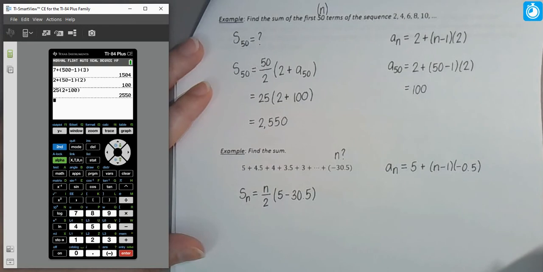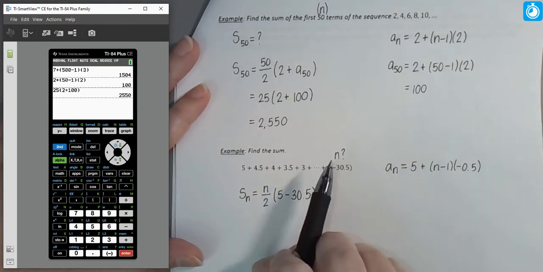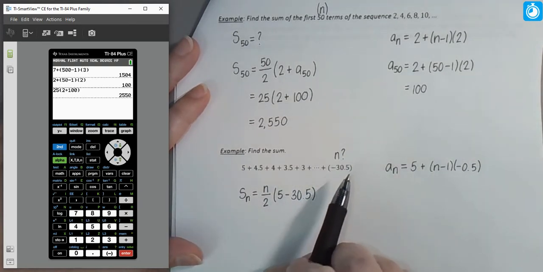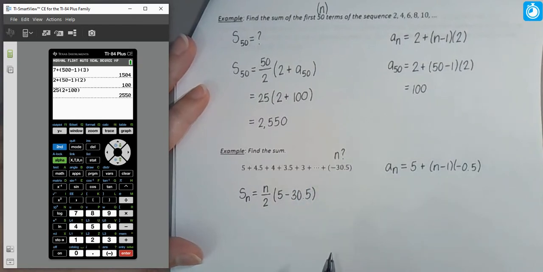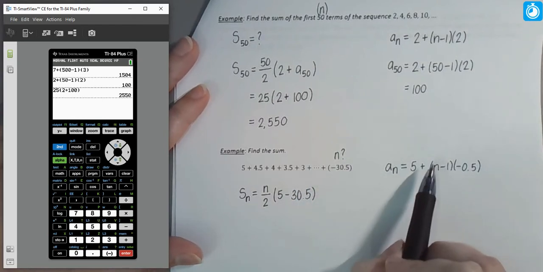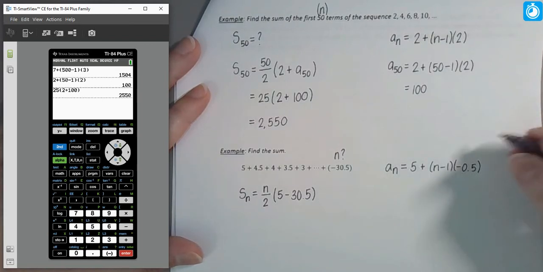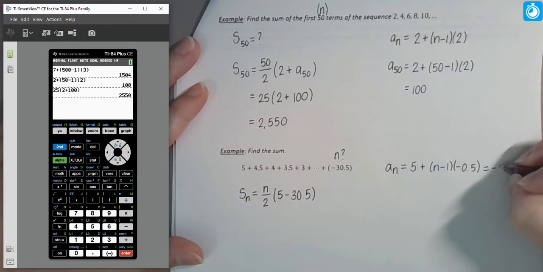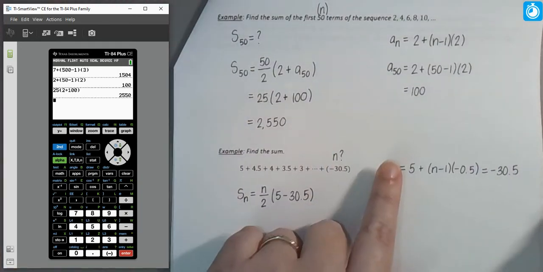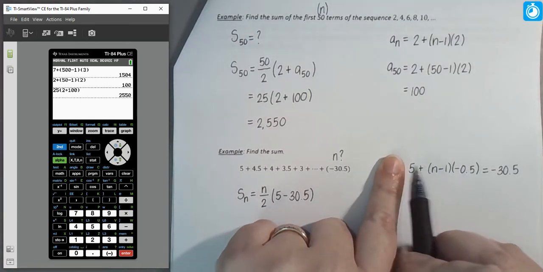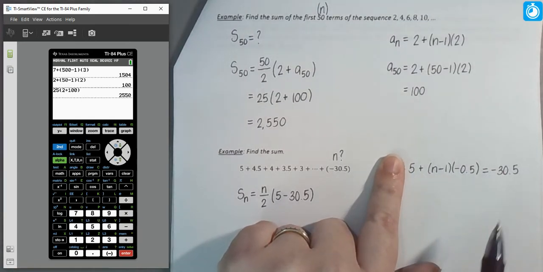So how are we going to use that in this case? Well, remember, n is what we want to solve for. We know what the nth term is in terms of where we're ending this sequence. We know that when we get out to our value of n, all of this is going to evaluate to negative 30.5. So the question we're answering is, what value of n would allow us to evaluate this to a value of negative 30.5?